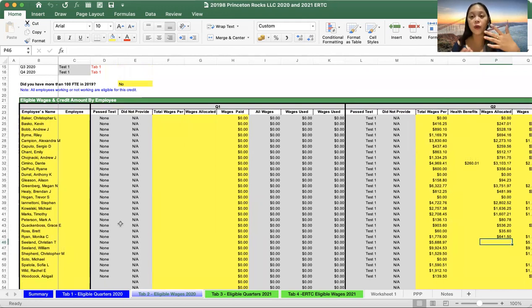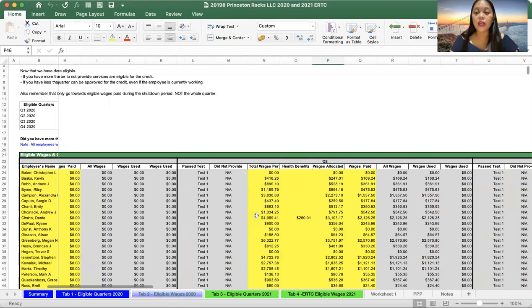That's the test to determine that we are using the right payroll and the right amount of wages in computing the ERTC, because in no case should the wages reflected in the 941 differ from the eligible wages that we are computing in 2021 and 2020.